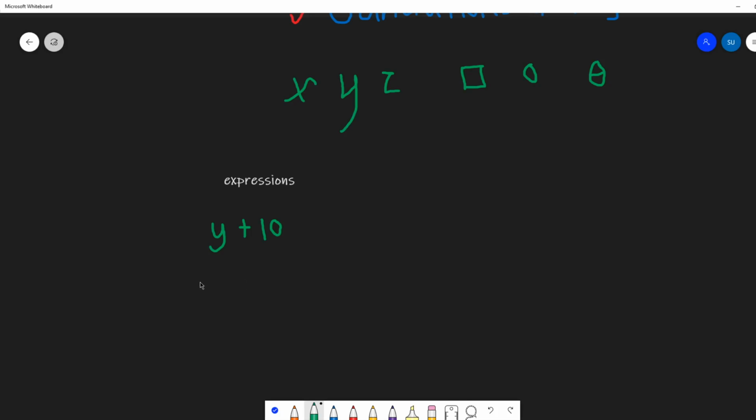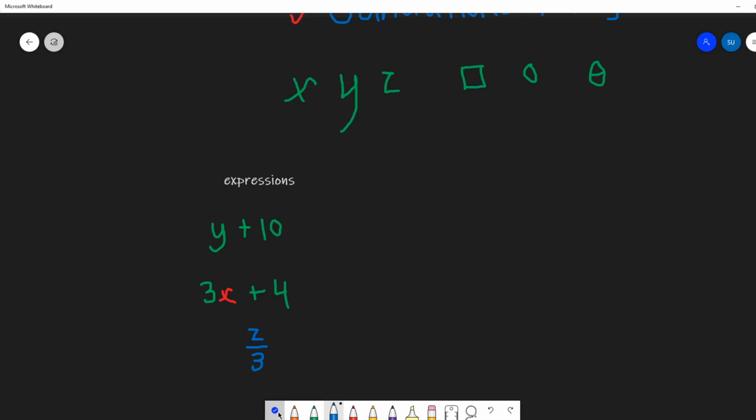If we had, for example, 3x plus 4, that would mean 3 times your hidden value plus another 4. If we had z divided by 3, that would mean your hidden value divided by 3.